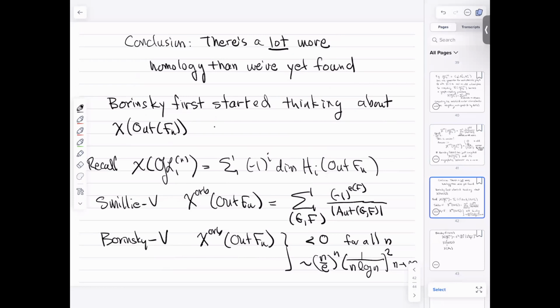I wanted to mention how Borinsky got started on this. I told him about this problem of computing the Euler characteristic of Out(Fn), which, as we all know now, is the Euler characteristic of the odd Lie graph complex in rank n.